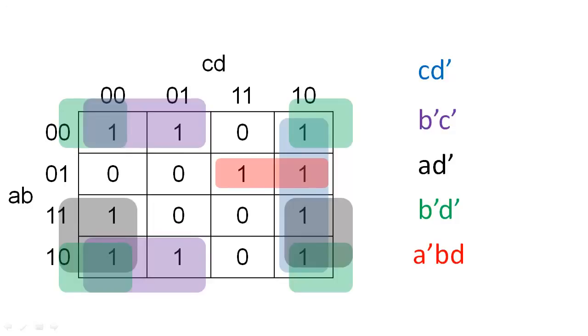Some of the cells here are covered by only one prime implicant. These dotted prime implicants are essential because they are the only prime implicants that cover the dotted cells. The remaining other 2 prime implicants are non-essential prime implicants.